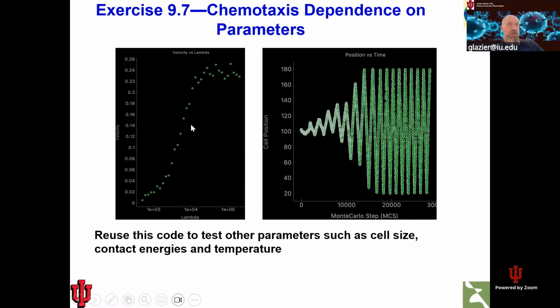If I make the cell stiffer, does it move faster or slower? If I give the cell a higher contact energy with the medium, does it move faster or slower? So this simple code can be used to test the parameter dependence, the sensitivity analysis, for all sorts of different parameters, not just for lambda chemo.